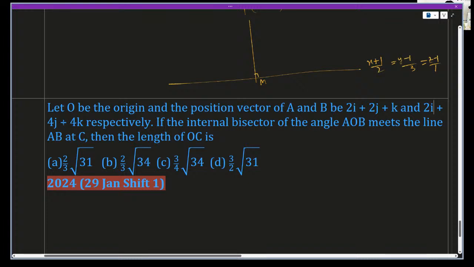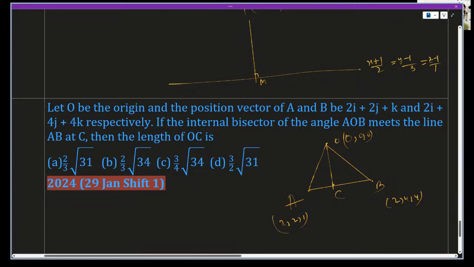Internal bisector, yes. O, A and B. O is the origin obviously. This one is 2, 2, 1, and 2, 4, 4. Let the internal bisector meet at D.